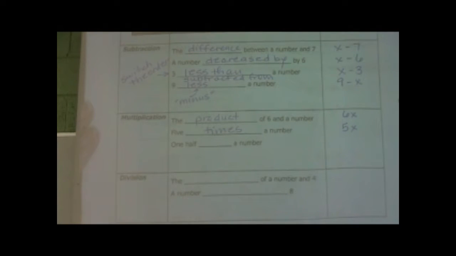And if it had a number and 6, we could still write it as 6x. We don't have to write it as 6 times x, just 6x. All right? Our next word is our lovely word times. 5 times the number. That's 5x.